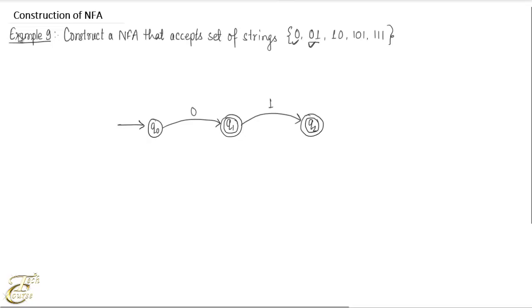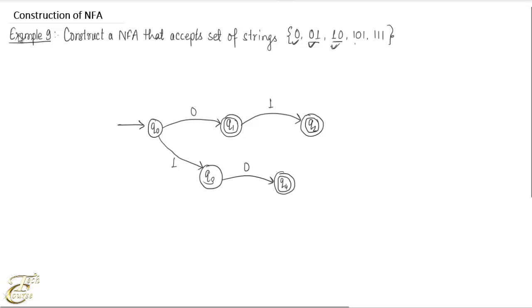Now we will represent the string 10. For this we start with the starting state Q0. Reading the first symbol, that is 1, leads to the state Q3. Then reading the next symbol, that is 0, leads to the next state Q4, and we make this Q4 an accepting state to accept this string.